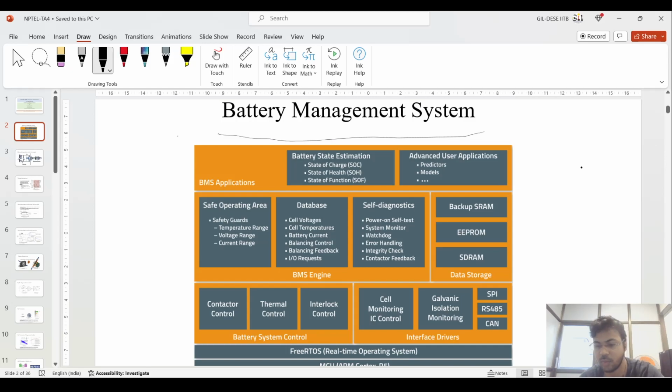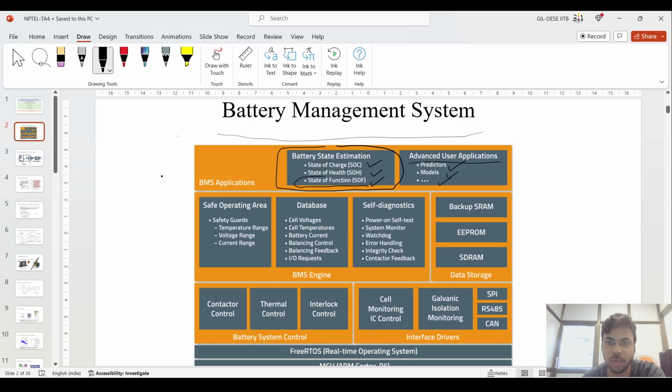Let's jump to what the components inside this BMS are. In this image, you can see that this BMS has certain sections. The first section is battery state estimation, that is SOC, SOH, and state of function, whether the desired thing is happening according to your requirement or not. This is the state of function of the particular sections.